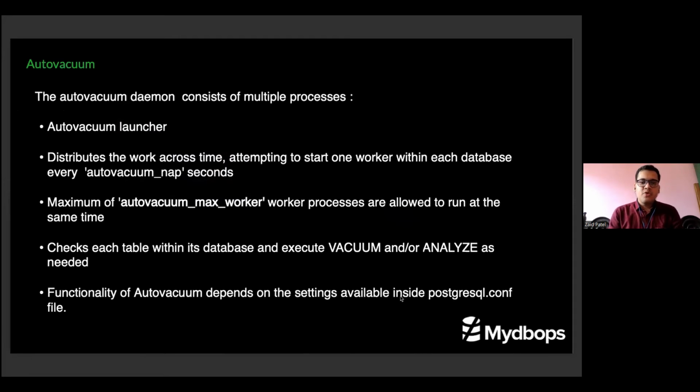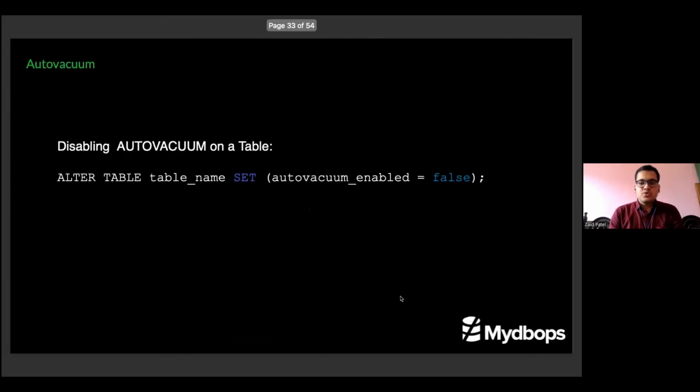Then the maximum number of autovacuum max workers are allowed to run at the same time on multiple databases, and tables and databases are checked, and vacuum and analyze, or vacuum or analyze, as per the need, is executed. So the functionality of autovacuum completely depends on the settings that are available inside the postgresql.conf file. So here is the thing, you can also disable the autovacuum on any table if required using this command.